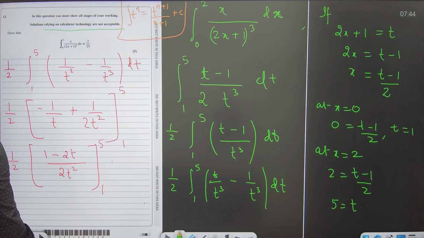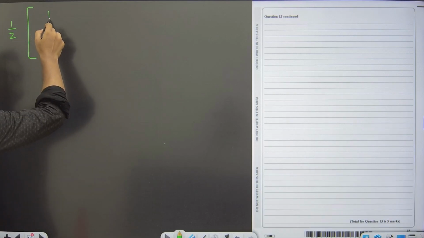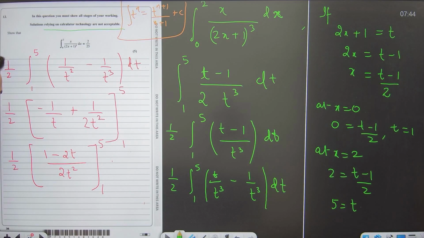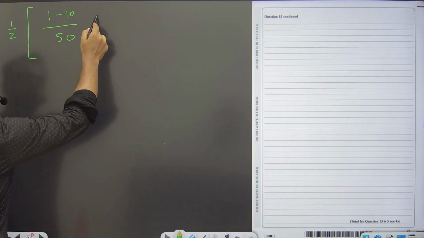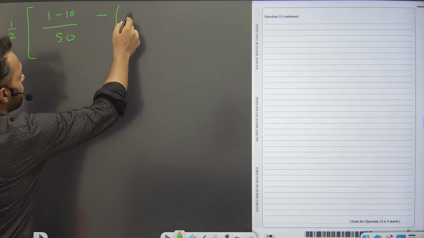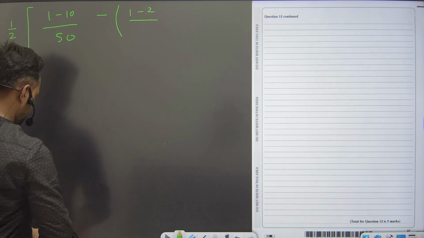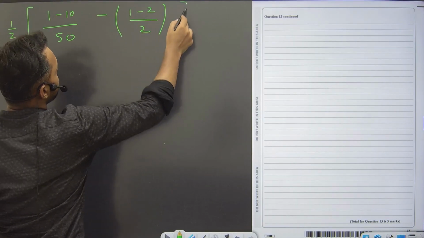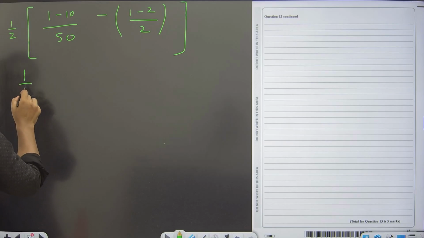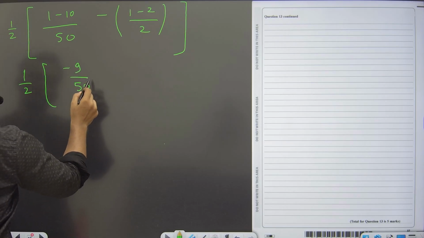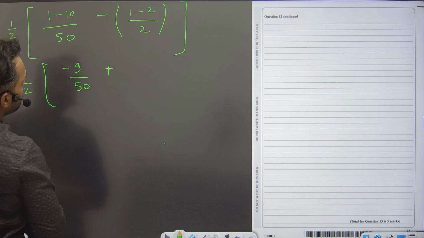So 1 minus 10 upon 50, minus the bracket 1 minus 2 upon 2. This is the value after the integration, 1 by 2. Here you will get minus 9 by 50 minus, that is plus, 1 by 2.